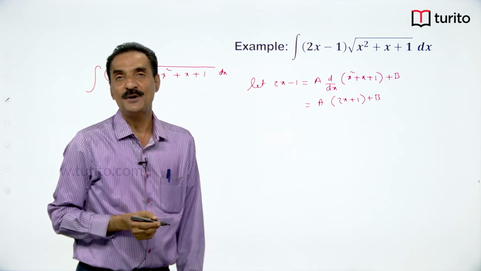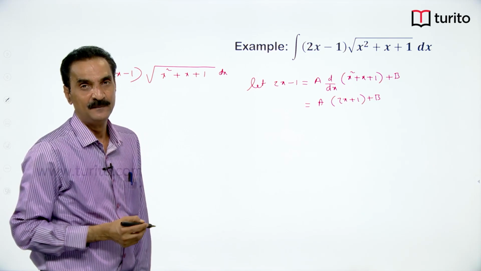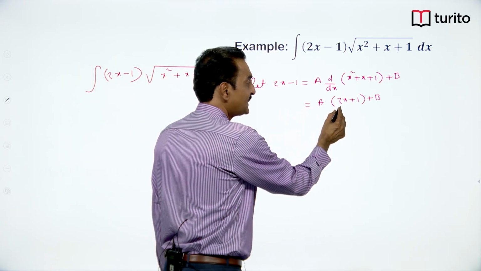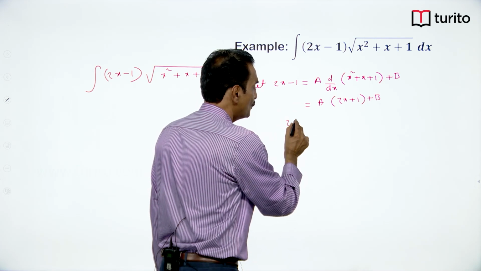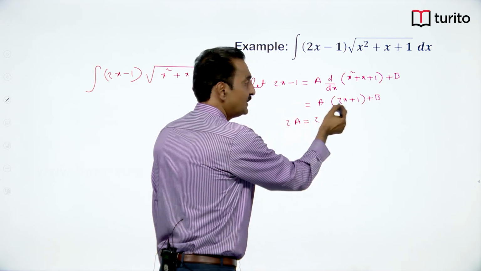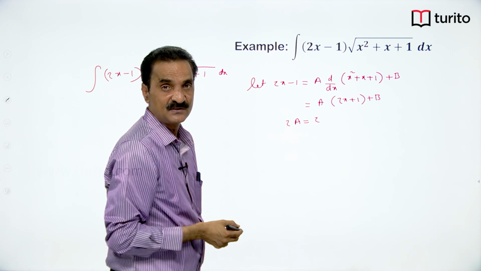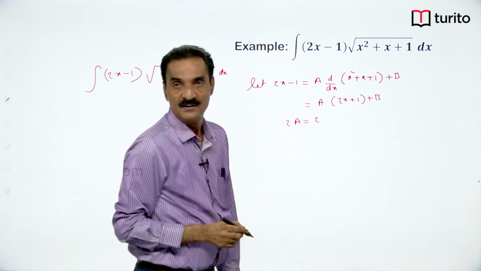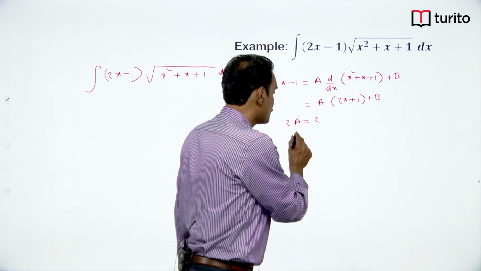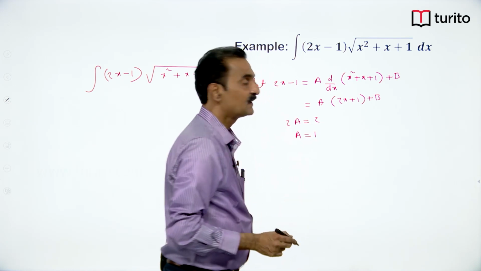Now, by comparing the coefficients, we have to find a and b. Comparing the coefficients of x, in the RHS, coefficient of x is 2a, in the LHS 2. So, 2a is equal to 2, a is equal to 1.